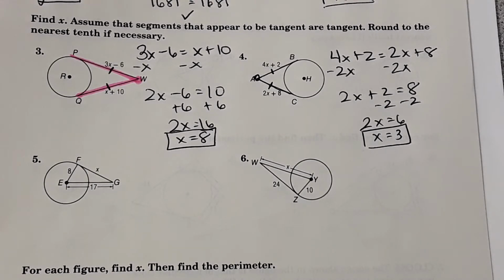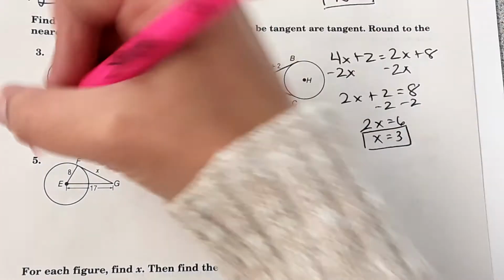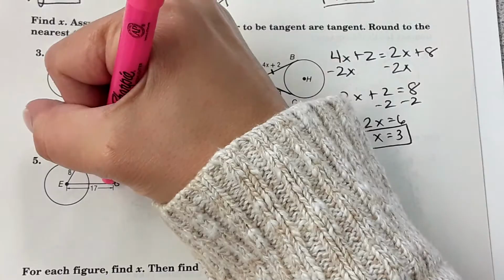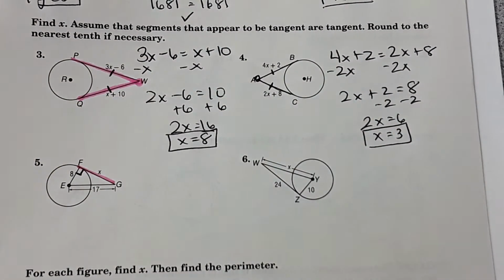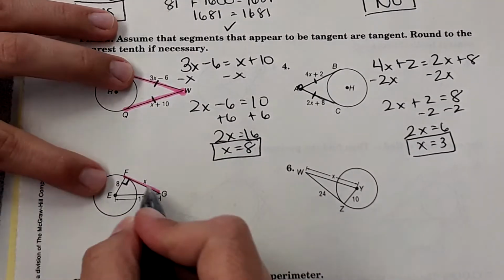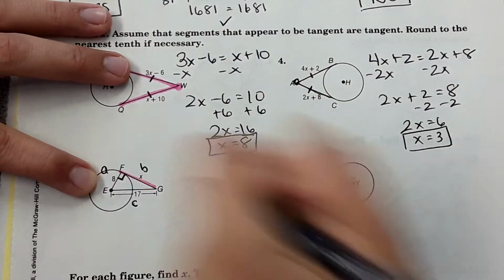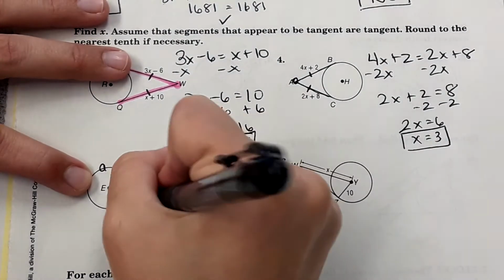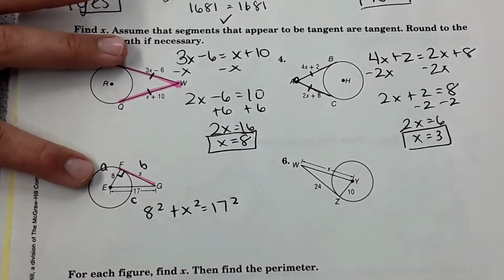Number 5 is similar to number 1 and 2. It's saying that FG is your tangent line, therefore it should be perpendicular to the radius, and we can use the Pythagorean Theorem to find x. So this would be your A and B, and then your hypotenuse for the Pythagorean Theorem. So 8 squared plus x squared equals 17 squared, and we can solve for x.